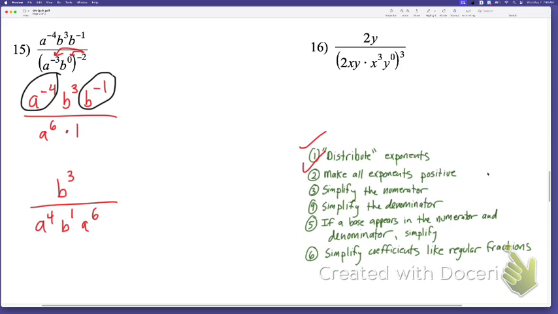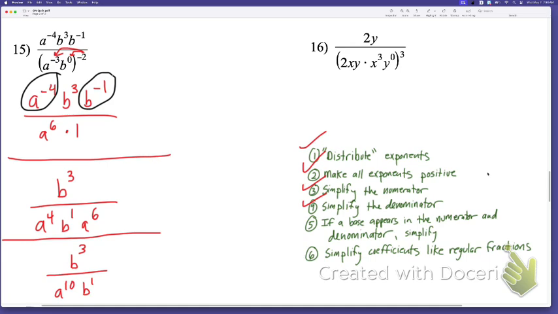So then we can check, simplify the numerator. Nope, nothing to do there. Simplify the denominator. We can multiply these together. So the numerator will be b to the third. The denominator will be a to the 10th, b to the first. Okay. Let's just kind of separate these out.